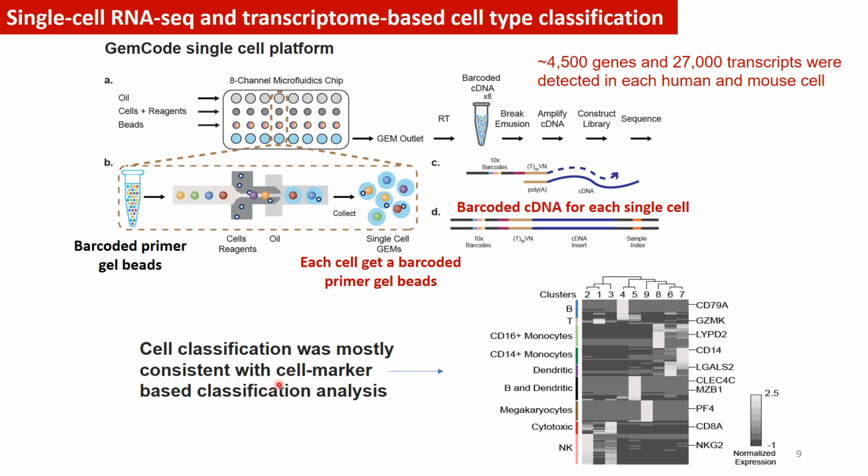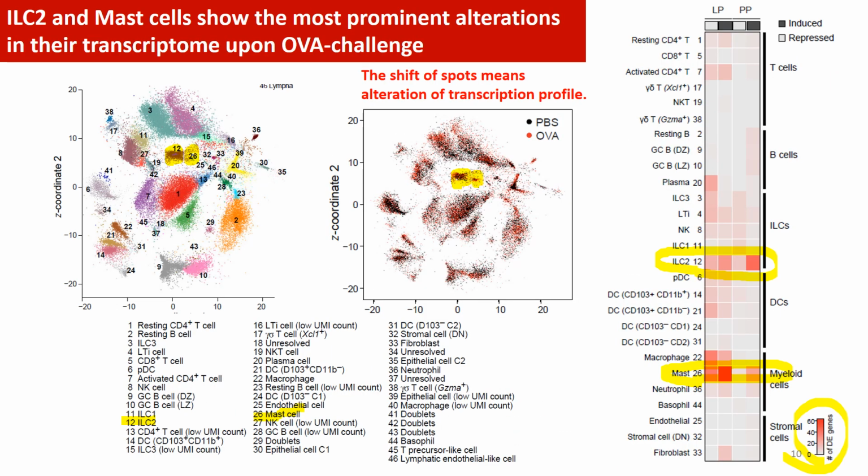The cell classification was mostly consistent with the cell types defined earlier. ILC2 and mast cells show the most prominent alterations in their transcriptome upon OVA challenge. ILC2 and mast cells are the cell types with the greatest alteration in their transcriptome profile, as seen in the rightmost figure.